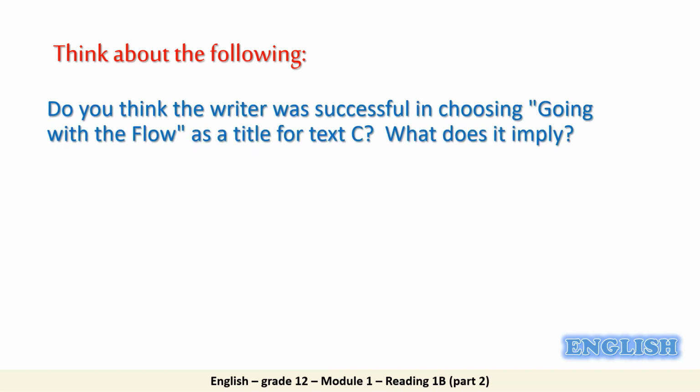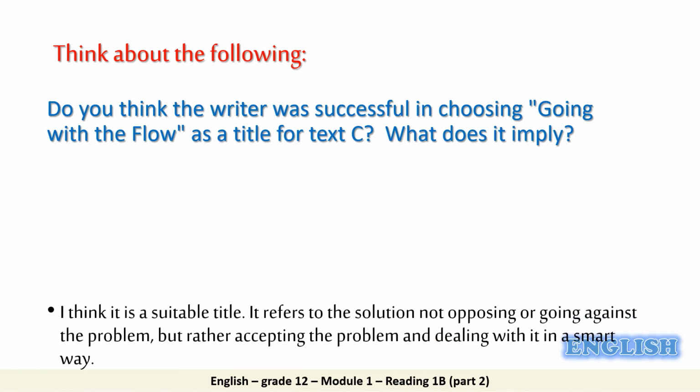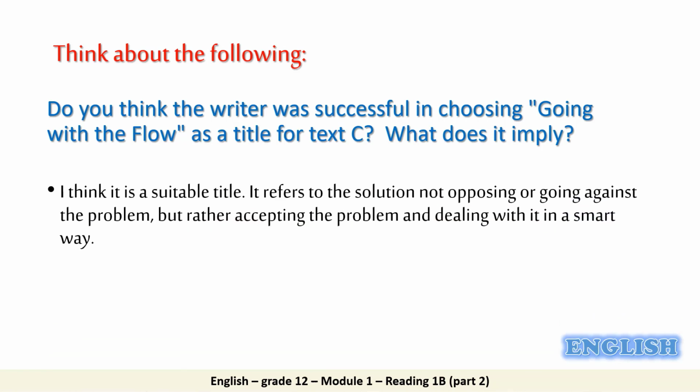Do you think the writer was successful in choosing "Going with the Flow" as a title for text C? What does it imply? Well, I think it is a suitable title.